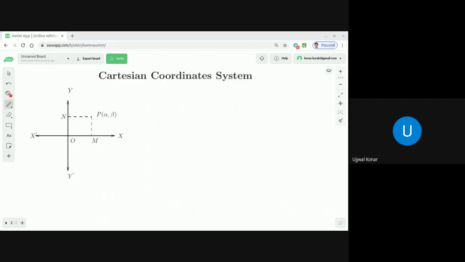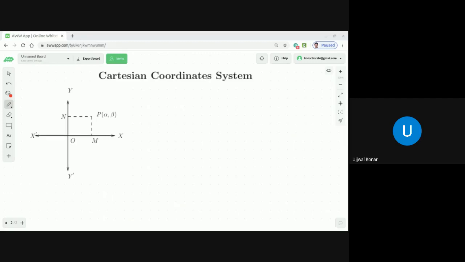And now let the points M and N be the foot of the perpendicular from the point P on the x-axis and y-axis respectively. And let us assume that OM, which is equal to NP, is equal to alpha, and PM, which is equal to NO, is equal to beta.